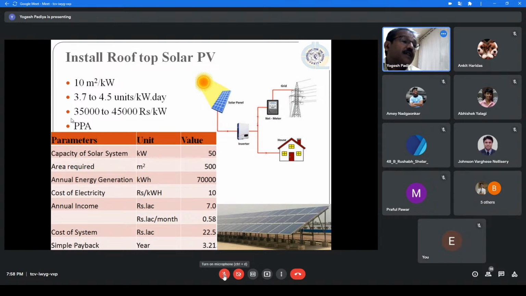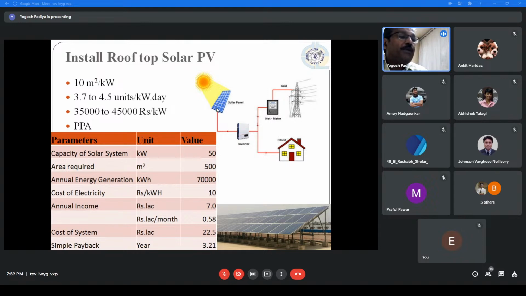If this is 35 rupees per watt, a decade ago this cost was 300 rupees per watt. It means now the price has dropped by almost 10 times. The price of solar PV has dropped 10 times. Because of that, solar PV is an attractive option to suffice your electricity demand.